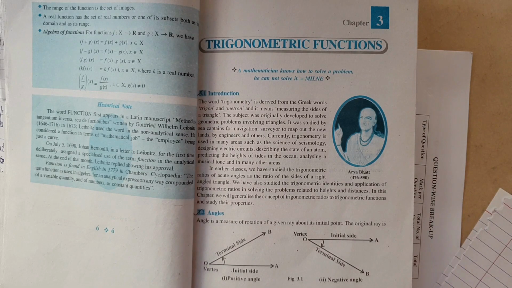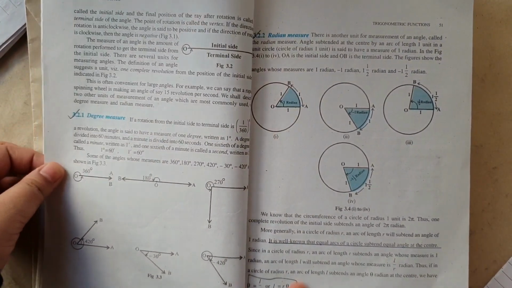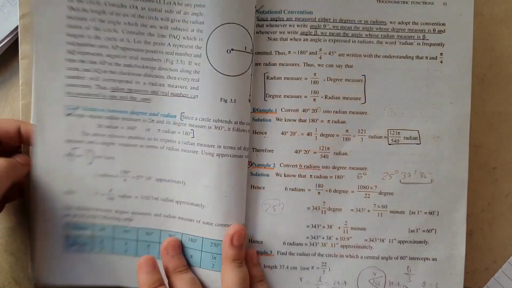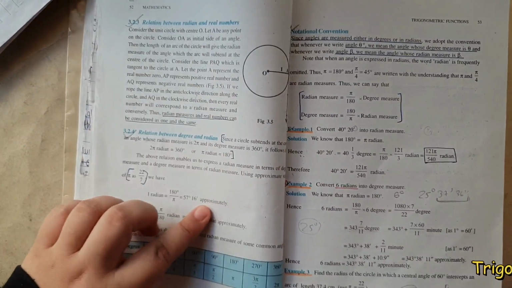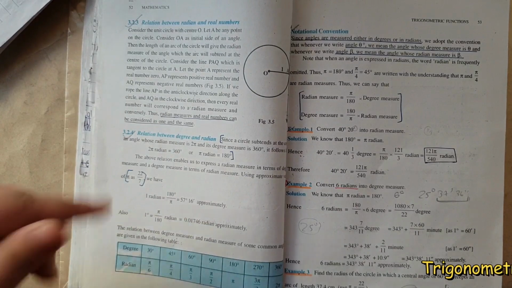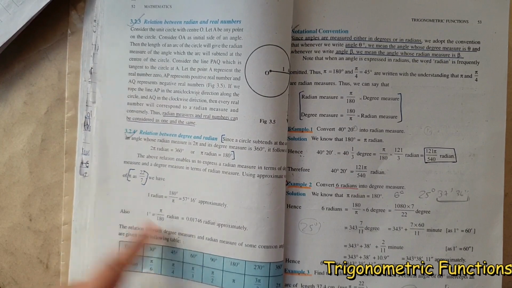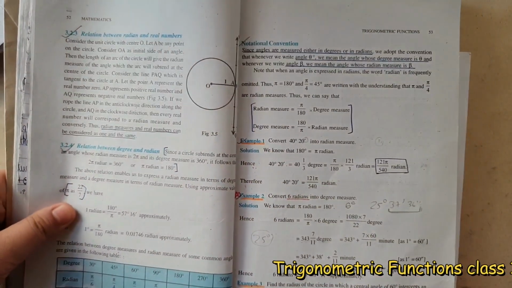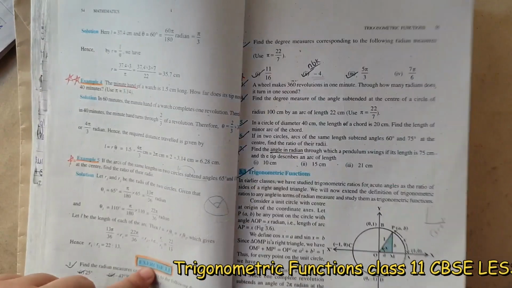Now I hope you have understood the whole concept clearly. A quick review of what we have done so far about angles: we talked about the degree measure, the radian measure, its important formula, the relation between radian and real numbers, degree and radian conversion, and all the problems, everything done completely in exercise 3.1.